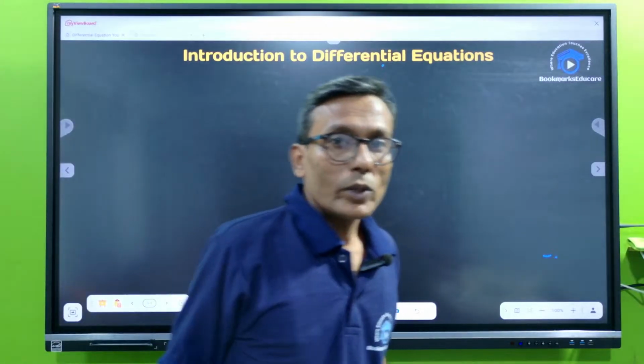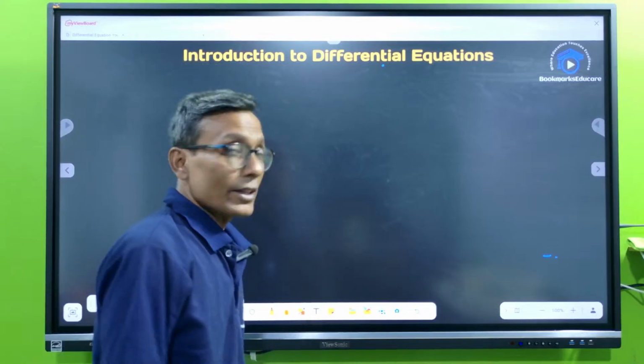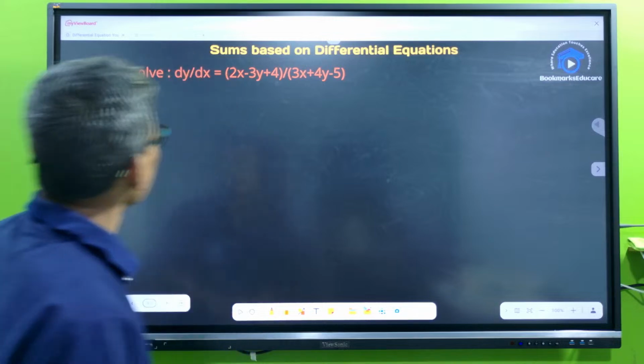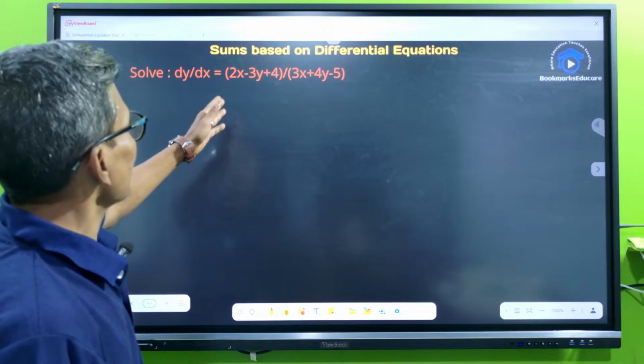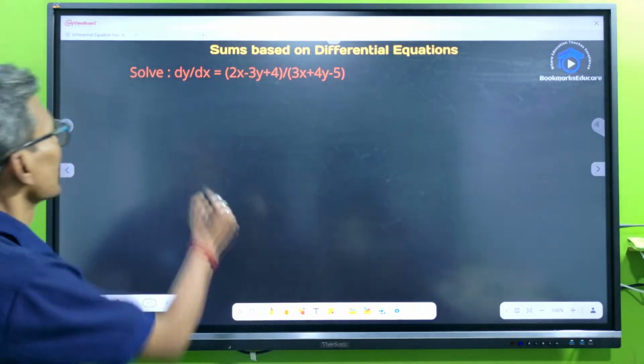Now we are going to solve some problems which are based on differential equations. First problem is dy by dx is equal to (2x minus 3y plus 4) by (3x plus 4y minus 5).